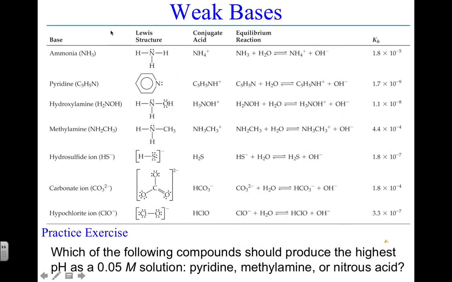Okay, so here's a list of some common weak bases. Ammonia, NH3, pyridine, hydroxylamine, methylamine. So what's common with these first three species? They all have nitrogen. And with that nitrogen is a lone pair.